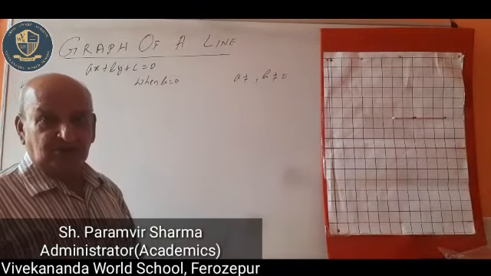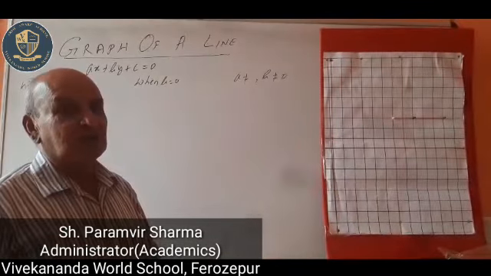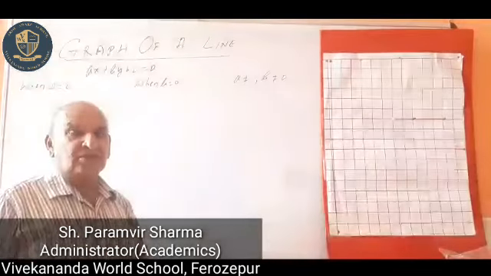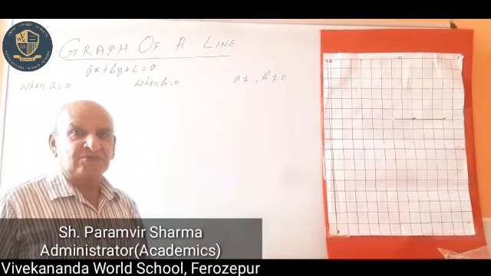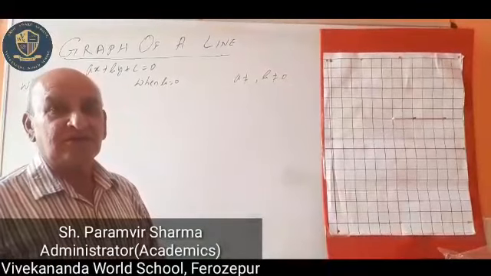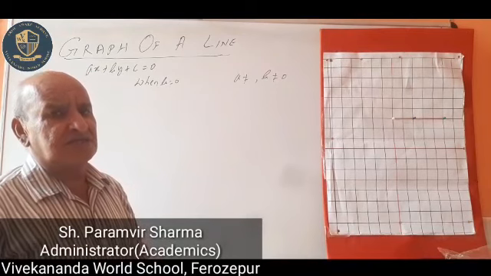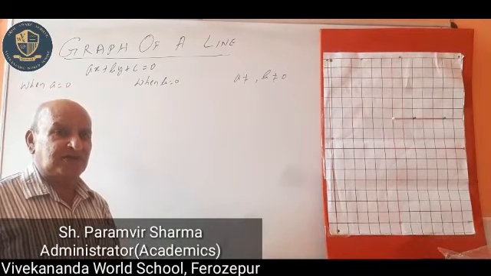Either the line can be horizontal, or vertical, or oblique. So we will be discussing how to draw their graph within 2 minutes, because in certain cases there is a problem to detect points on a line.